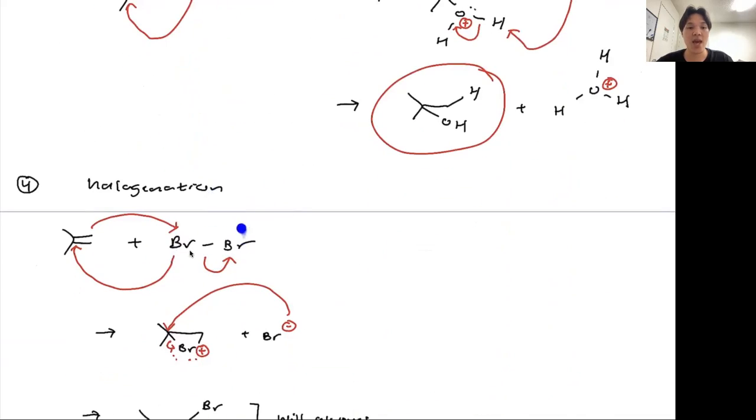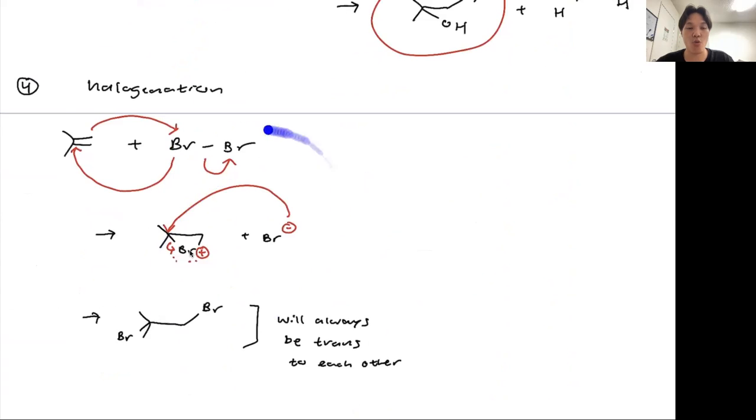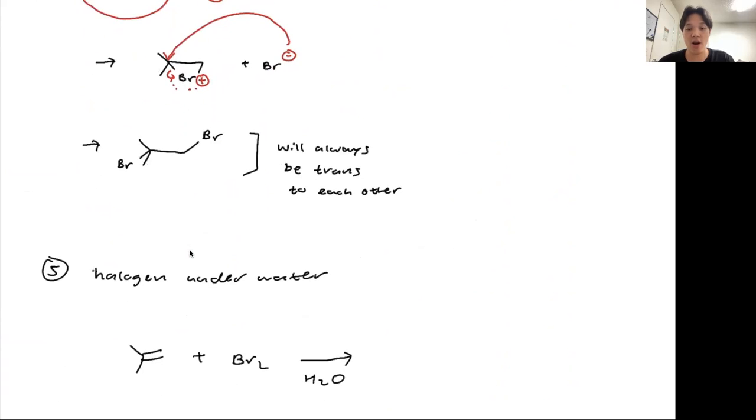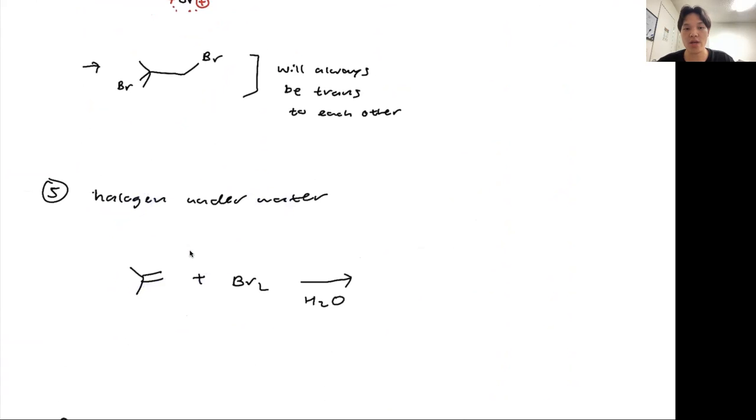So whenever you see any halogen, this can be bromine, chlorine, or fluorine, any halogen, this will occur.